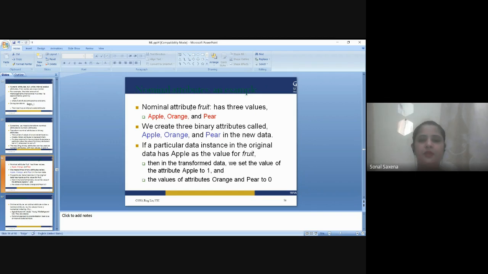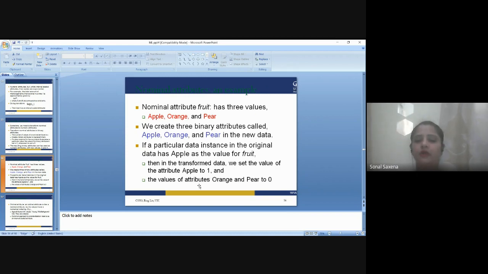See, the nominal attribute is fruit. It has three values: apple, orange, and pear. We create three binary attributes called apple, orange, and pear in the new data. If a particular data instance in the original data has apple as the value for fruit, then in the transformed data we set the value of the attribute apple to 1 and all the rest to 0.